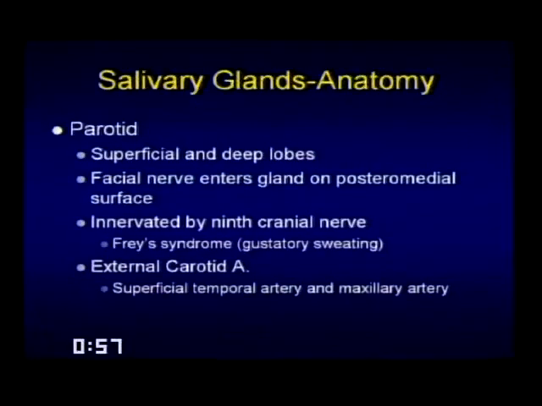As the nerves are divided during resection, they regrow, and when they regrow, they tend to innervate the apocrine sweat glands in the face. As we stimulate the 9th nerve during eating, it stimulates those sweat glands to produce sweat, and you sweat during eating, and this is called Frey's syndrome. And that's a very common recognized process.